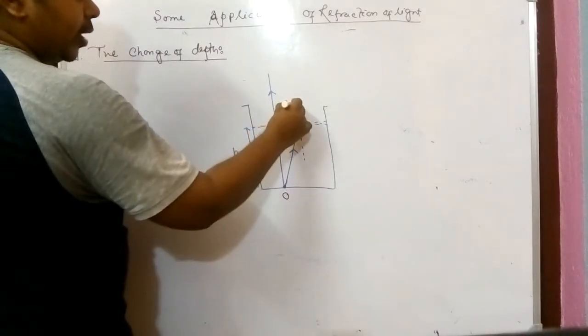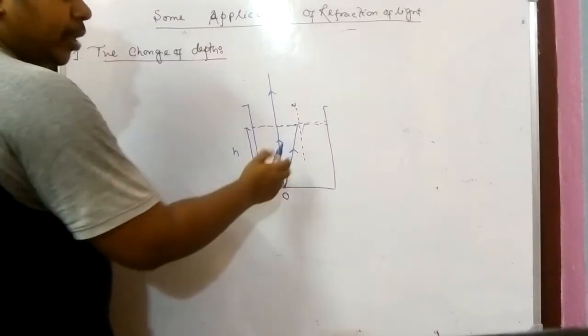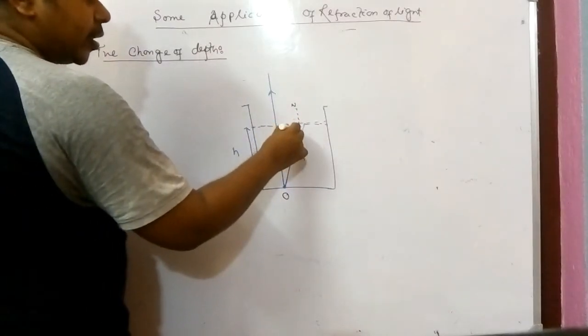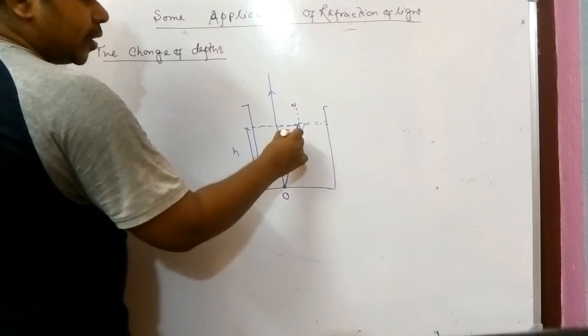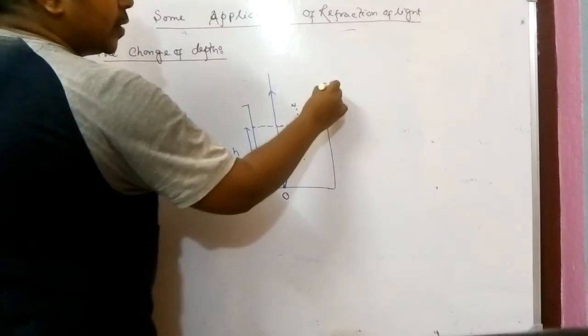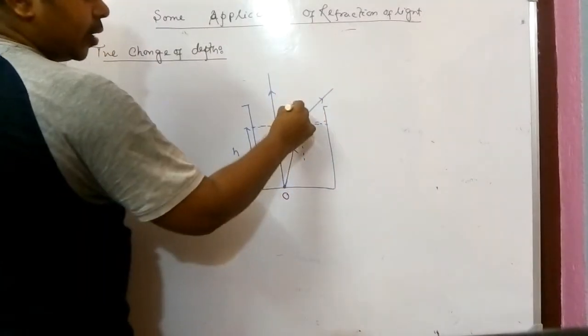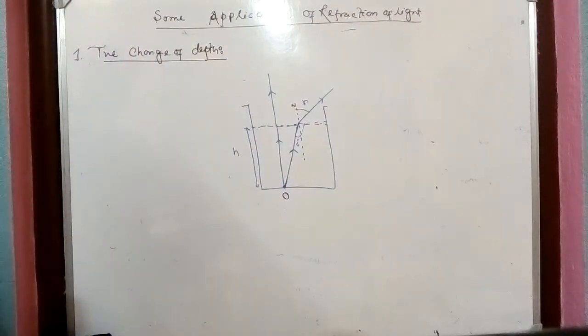As water is the denser medium, when it is incident at the junction between the two, this is the angle of incidence I. The refracted ray will be this, that is R, the angle of refraction.